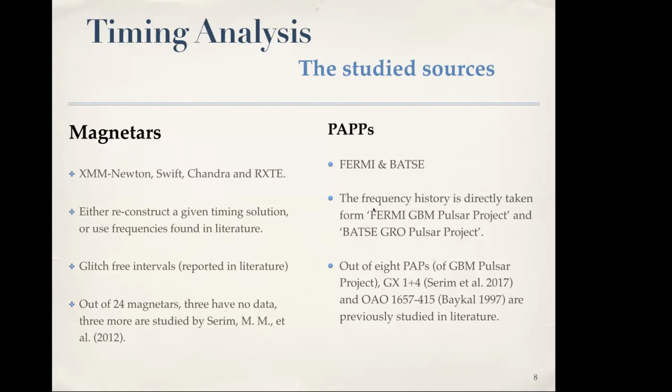On the other hand, for accretion-powered pulsars, the work was relatively easy because the frequency histories of these sources are directly used from the Fermi GBM pulsar project and the BATSE pulsar project. Out of 8 accretion-powered pulsars, two are already studied in the literature, and the remaining 6 will be studied here.